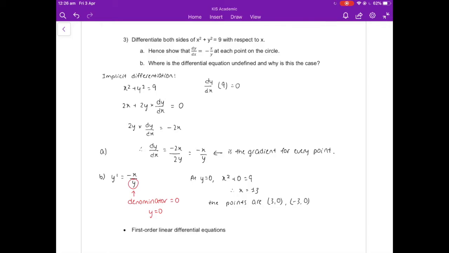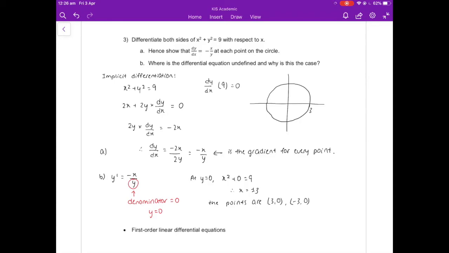Now, that is the correct answer because when something is undefined, it means that the gradient there can be a vertical line. And that makes sense in a circle because if I draw out the circle, you get something like this.